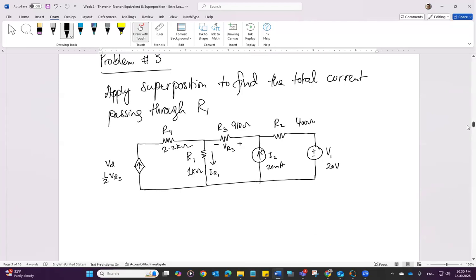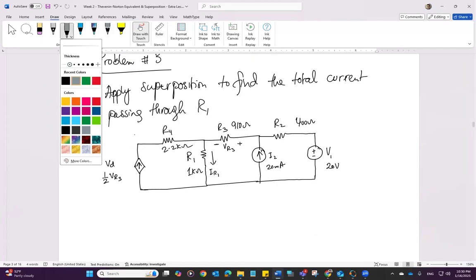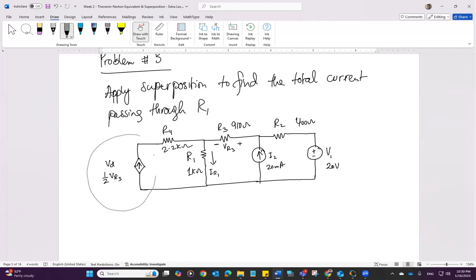We apply superposition, but we cannot eliminate VD. So do not eliminate the dependent source when applying superposition.